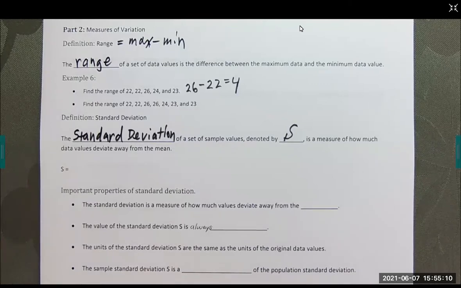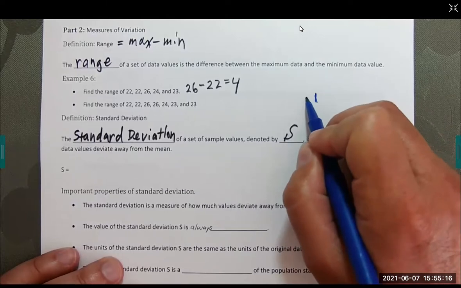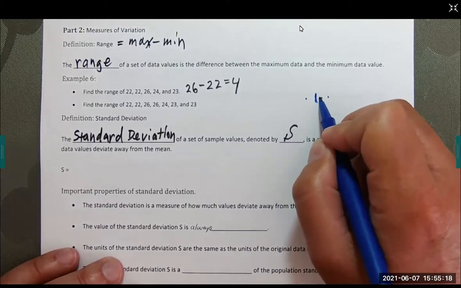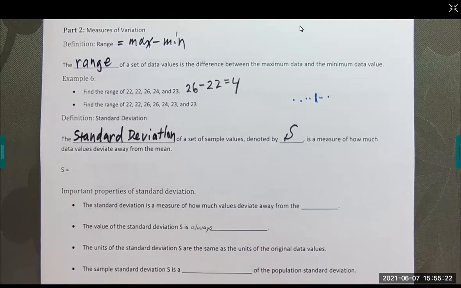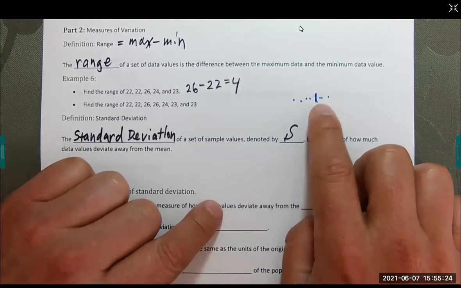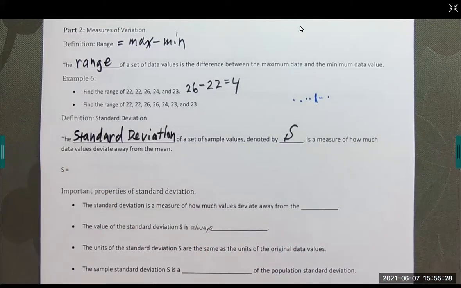So picture, let's say the mean is right here. And then I have some data here and here and here and here. What I want to know is what is the average distance from the mean that each of these data points are. That's what standard deviation is.